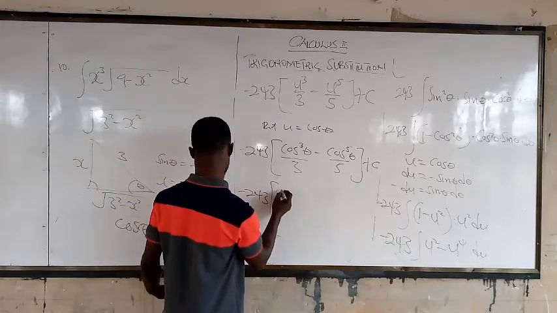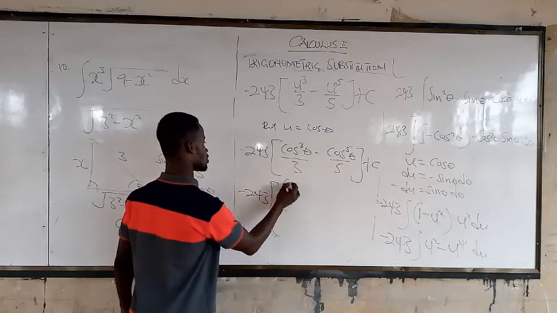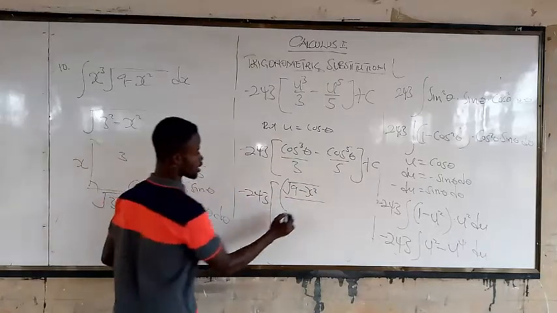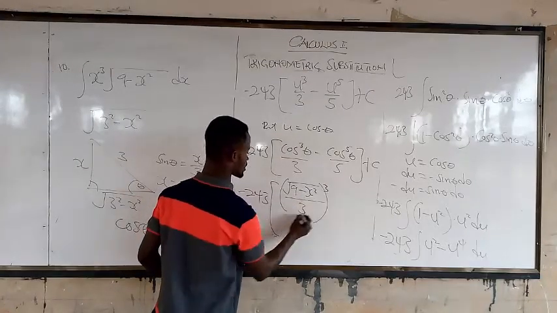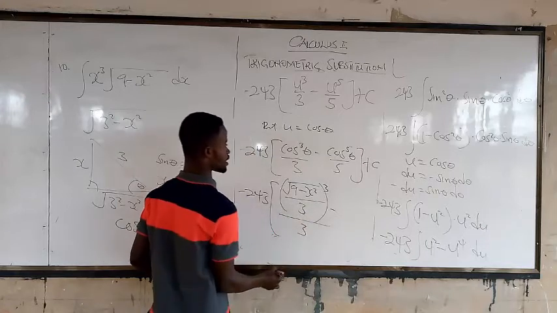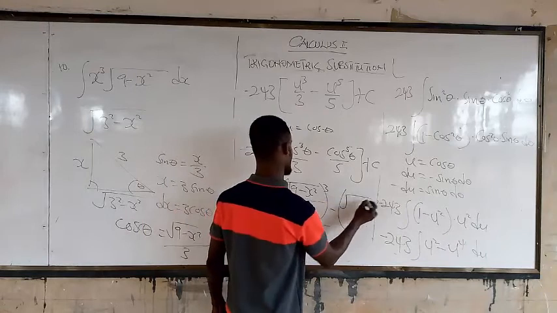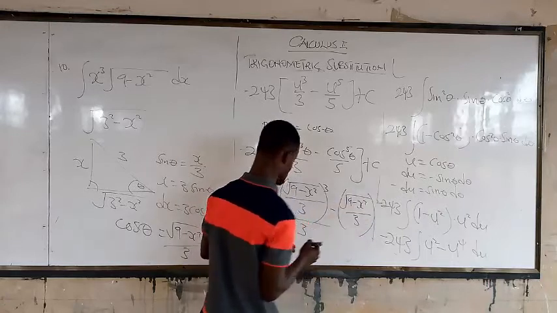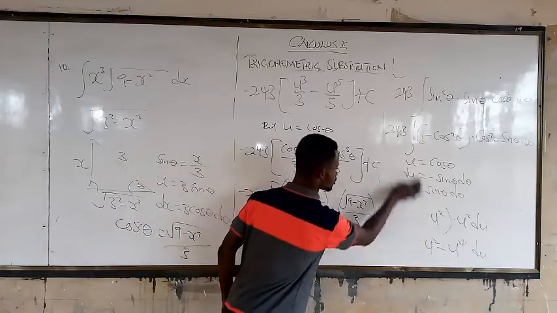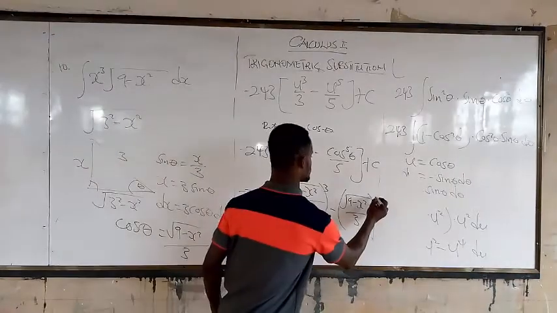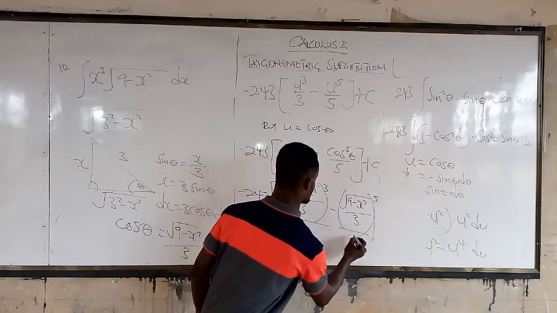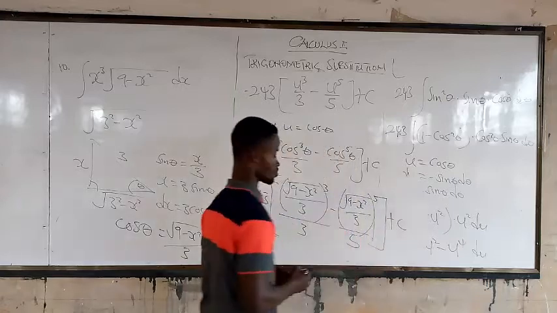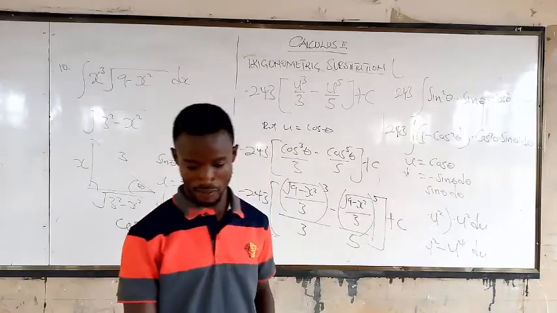Then we get square root of 9 minus x squared over 3 all to the power 3, over 3, minus square root of 9 minus x squared over 3 all to the power 5, all this over 5, plus c.